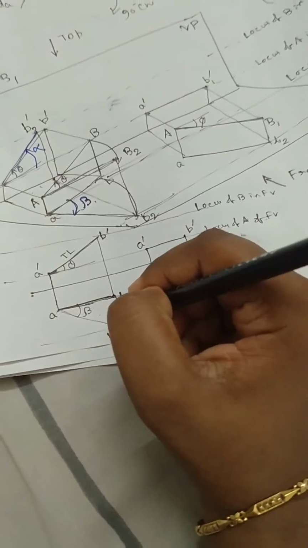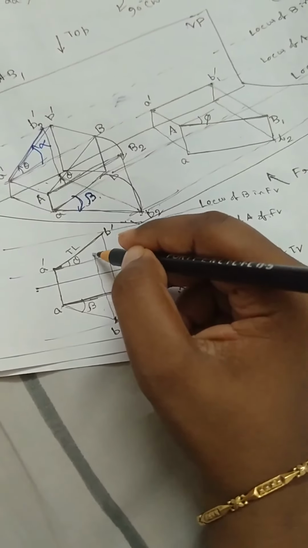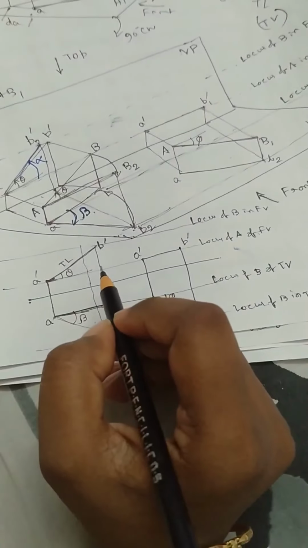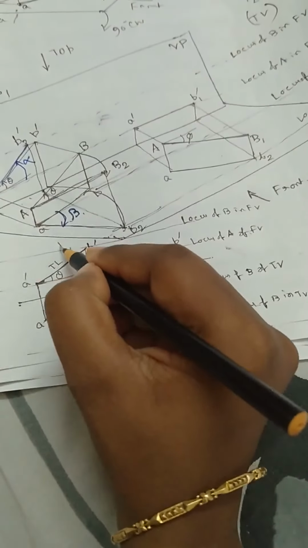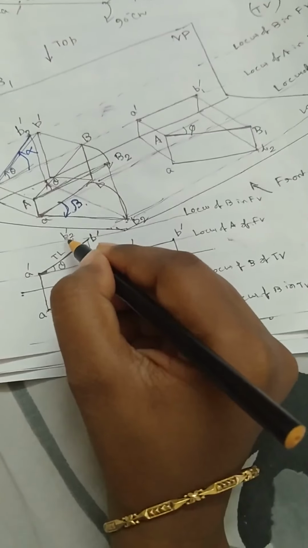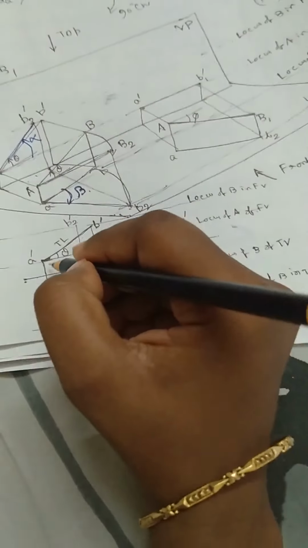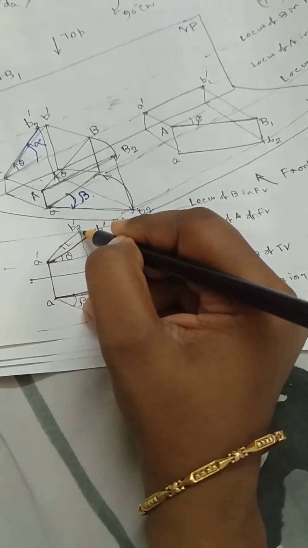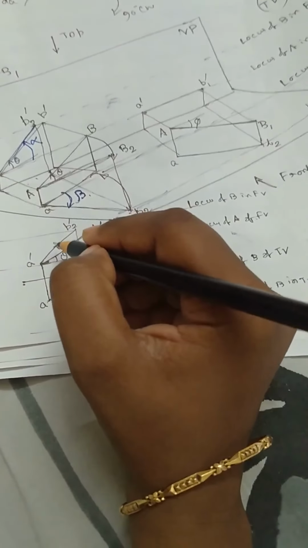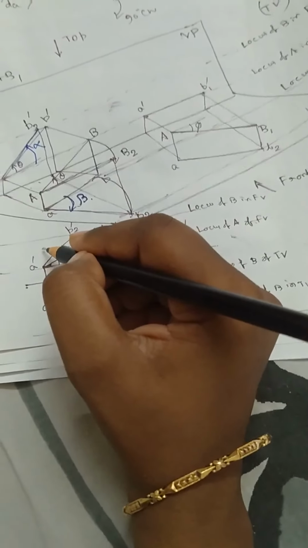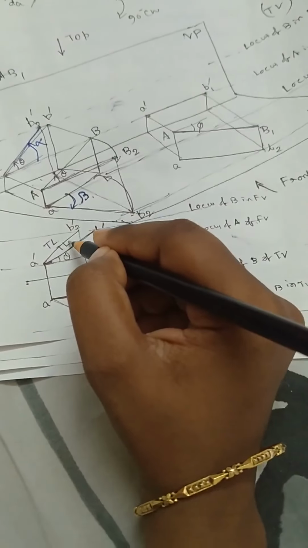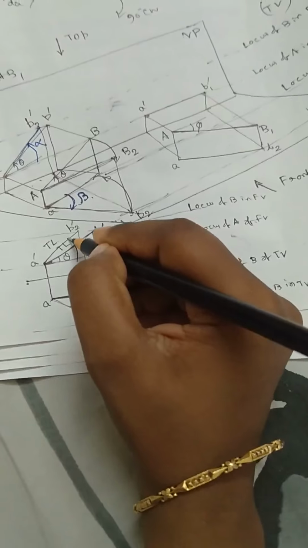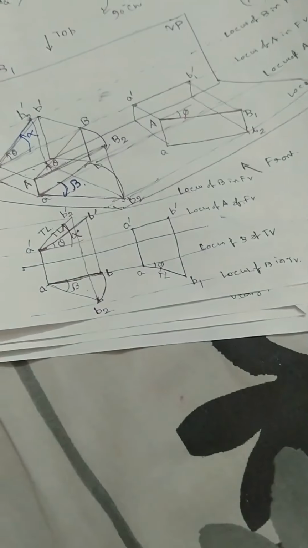And if we extend this up to your locus of B in front view, you will get B2 dash, yes, and the A dash B2 dash line is your final true length, and this angle will be your alpha.